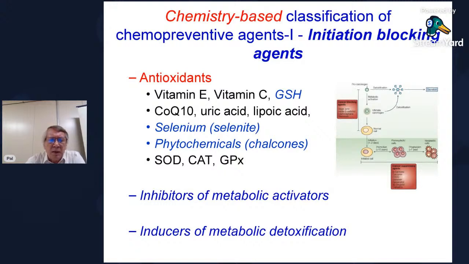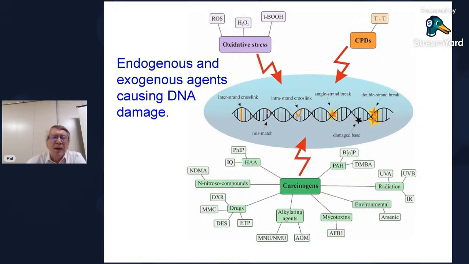Selenium in the form of selenite can also act as an antioxidant after intensive metabolic transformation of the original selenite structure. Plenty of phytochemicals belong to this class, such as chalcones, not to mention the enzymes, which also act as antioxidants in different ways that we will see in detail in the next few slides.